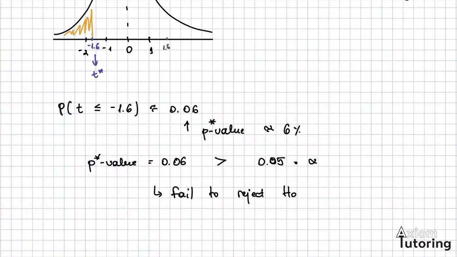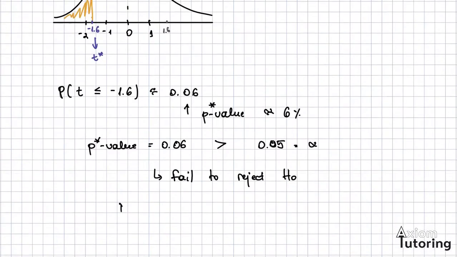the null hypothesis. Now, failing to reject the null hypothesis means that, well, the estimate is negative, but not negative enough to rule out randomness.